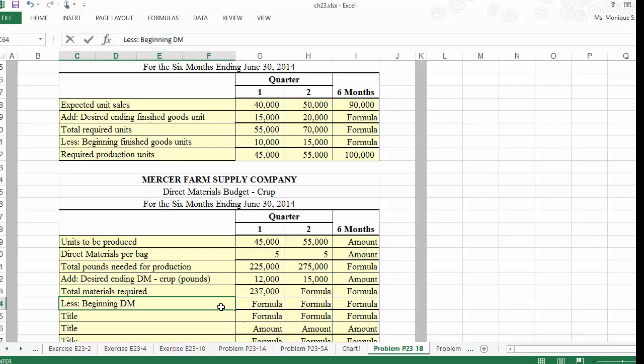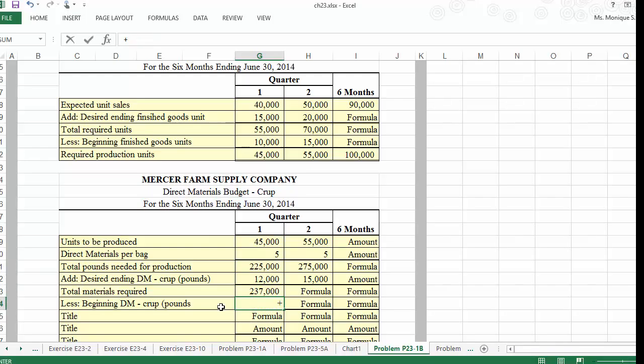And that'll be your beginning direct materials, the crop. And again, that's in pounds. The units were in bags, and then the actual materials are now in pounds.